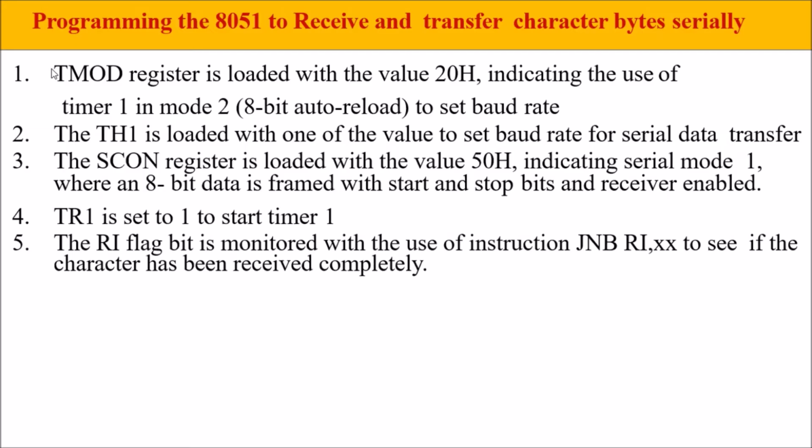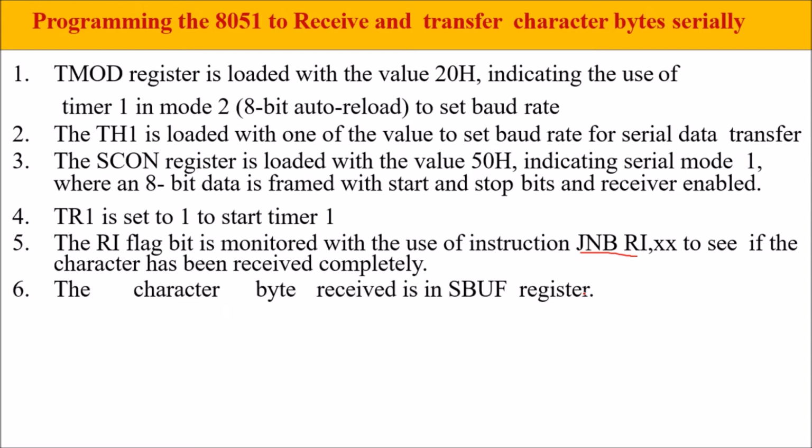Then after that, we'll check the RI flag bit to check whether the character is received completely or not. For that, we are going to use the instruction JNB RI, and here we'll use a label. So jump if not bit to this label, and the label will be given to the same instruction. If RI is 0, it will execute this instruction again, and when the RI bit is 1, it will execute the next instruction.